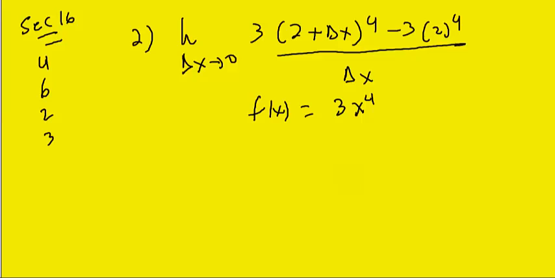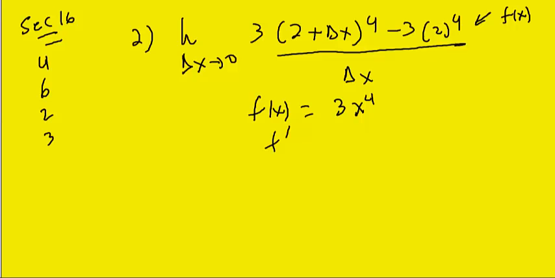Where am I getting that from? f of x is always located here, right? They just put in 2 there because they want you to take the derivative at what point? At 2.